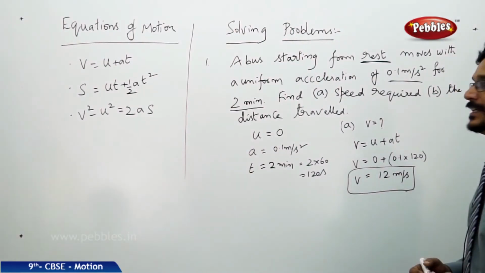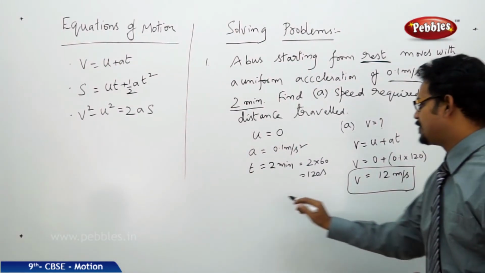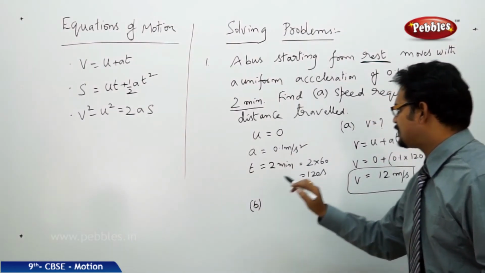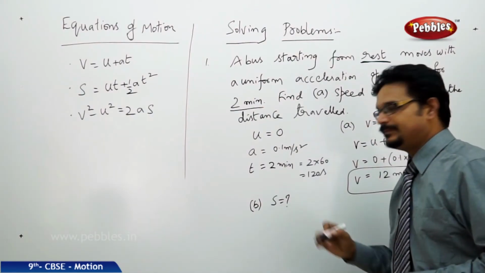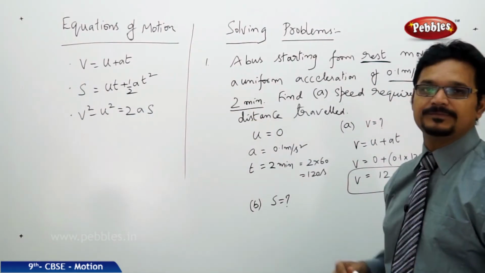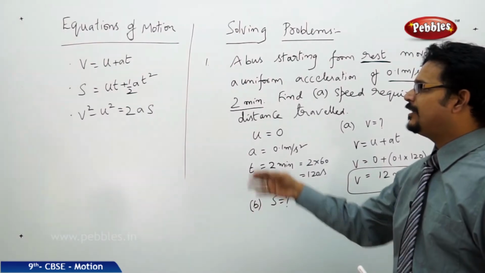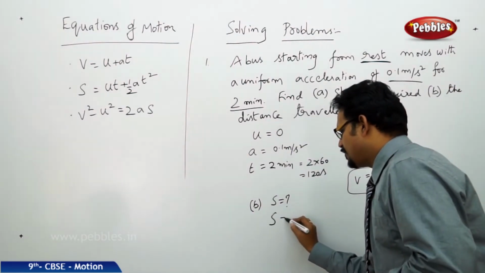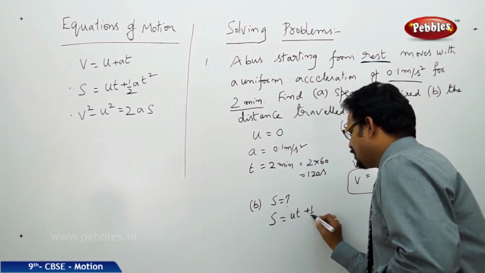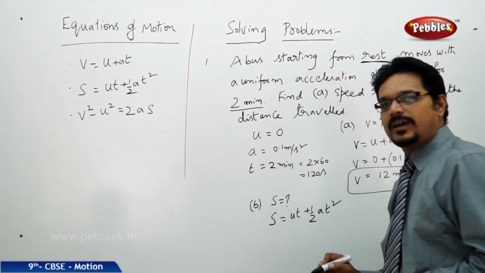Now the second one, the distance traveled. So I am doing it here, the distance traveled. You need to find s. Now check the equations again. You know u, a, t, you need to find s. Yes, you are correct, the second equation. So s equals ut plus half a t square.